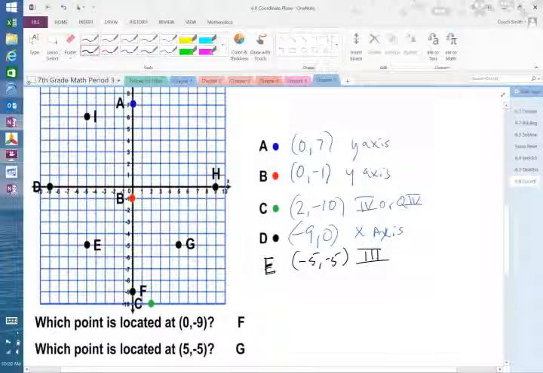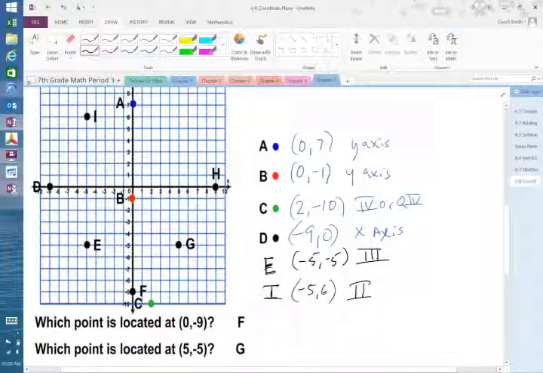Okay, what is the ordered pair of I? What would they be? Drew? Yes, -5 and 6. What quadrant is that, Owen? Quadrant 2. That is correct.